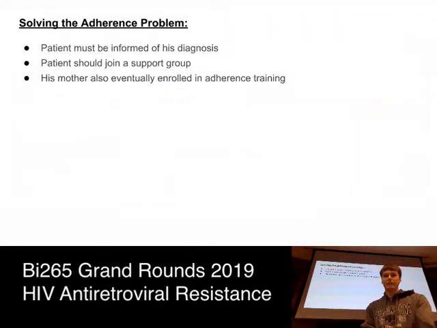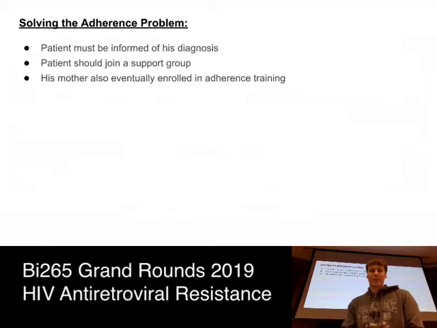So now that he was on the proper regimen and his viral RNA levels were decreasing, the next problem to be solved was the problem of adhering to the treatment plan. In the future, it will be necessary to inform the patient of his diagnosis so that he can be more actively involved in his own care and understand the importance of adhering to his treatment plan.